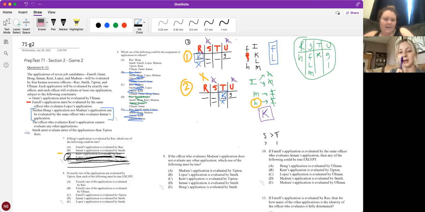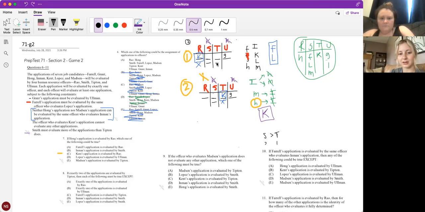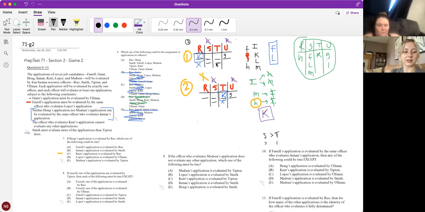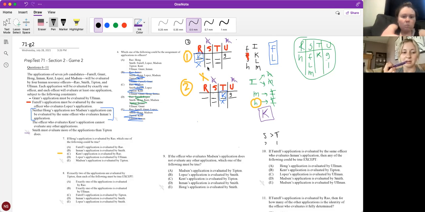And so we're going to put another dash there. If we add a dash here, where else do we have to add a dash? Tipton has to have another one, right? Under S. Yes, under S.